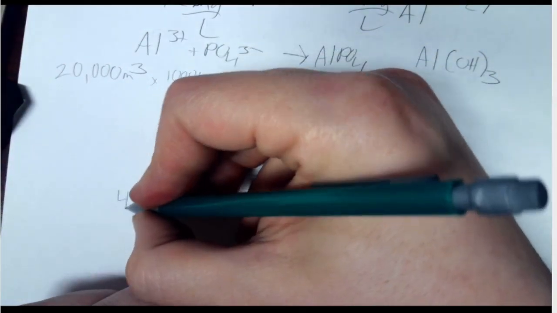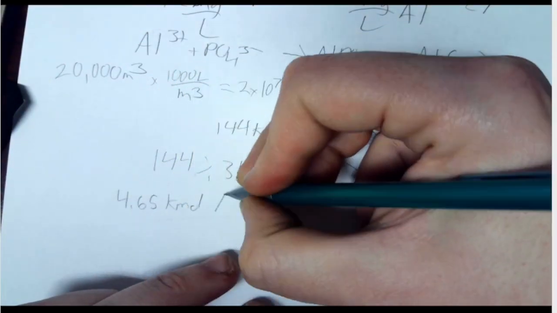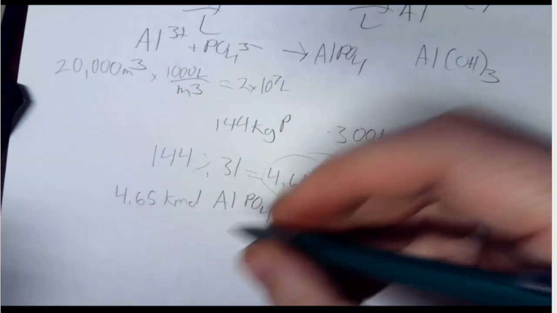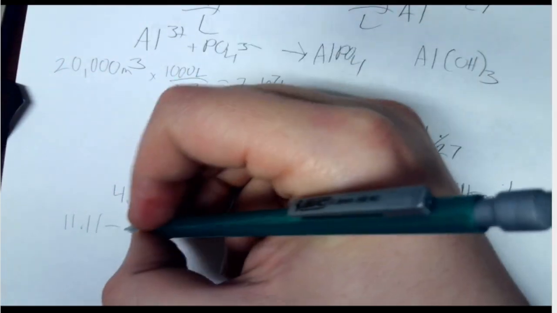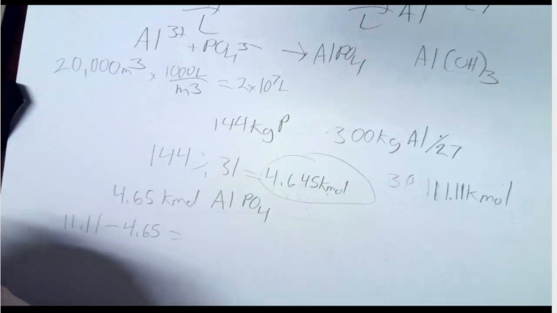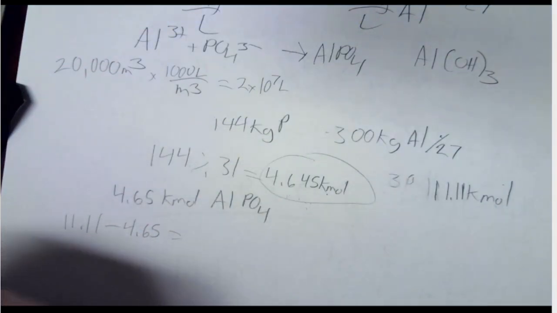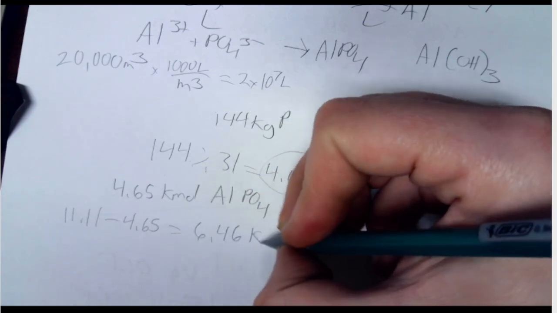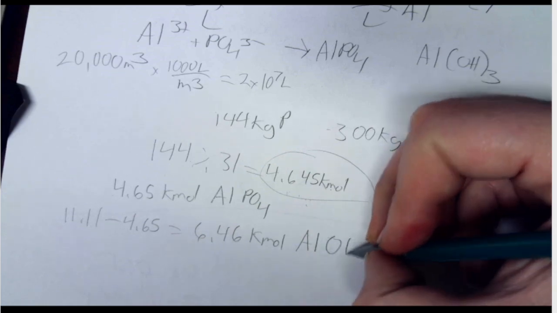We will produce 4.65 kilomoles of aluminum phosphate, and whatever is remaining is going to go into aluminum hydroxide. So 11.11 minus 4.65 means we have 6.46 kilomoles of aluminum hydroxide.